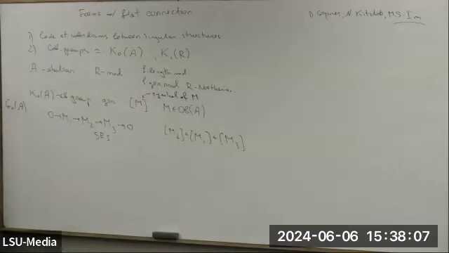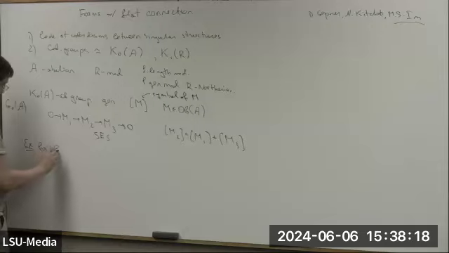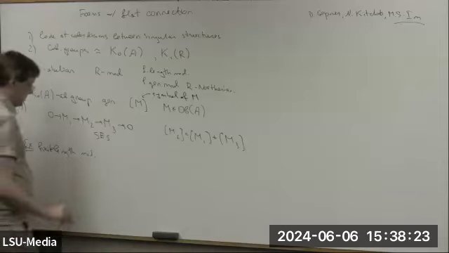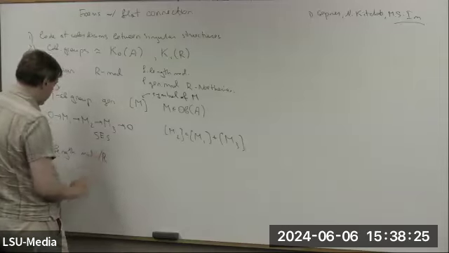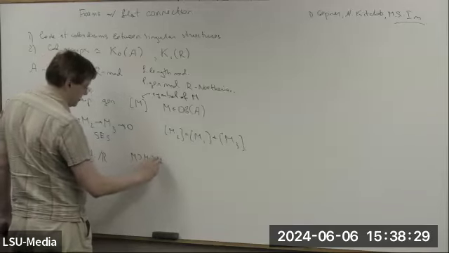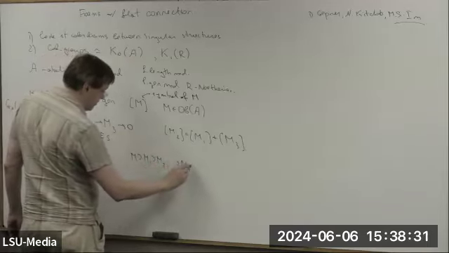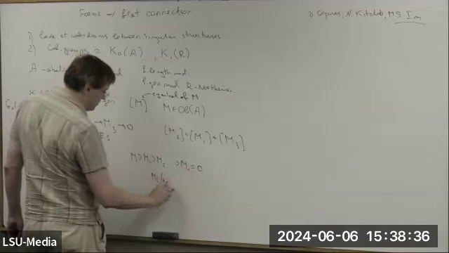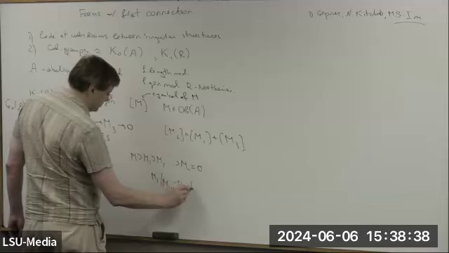So for instance, take finite length modules over a ring R, the modules which have a finite filtration by submodules such that the quotients Mi over Mi plus 1 are simple.